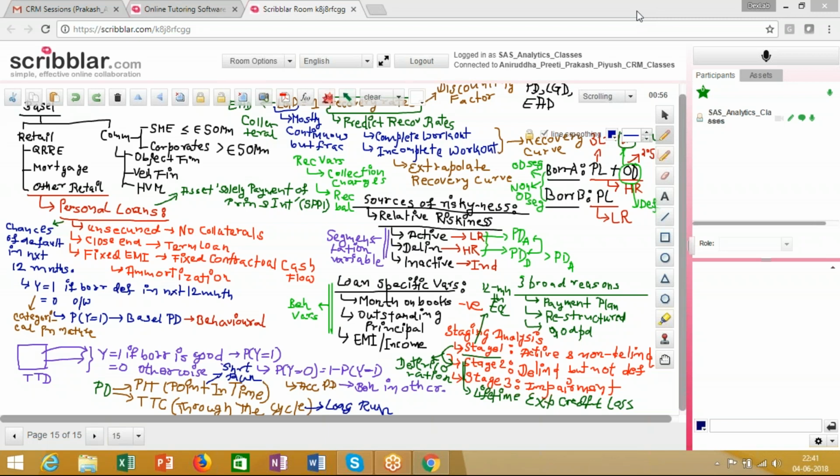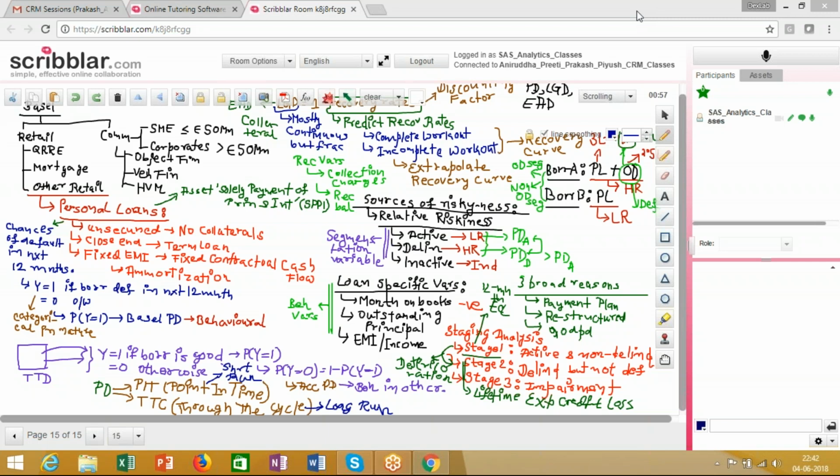Say for example, you buy a house. So the loan amount for which you have bought the house, or the number of years for which you have taken the loan for the house, these are variables which are unchanged in nature. Now, the higher the amount of the loan, or the longer the duration, the riskier it is considered to be. So based on that, we can develop a model.